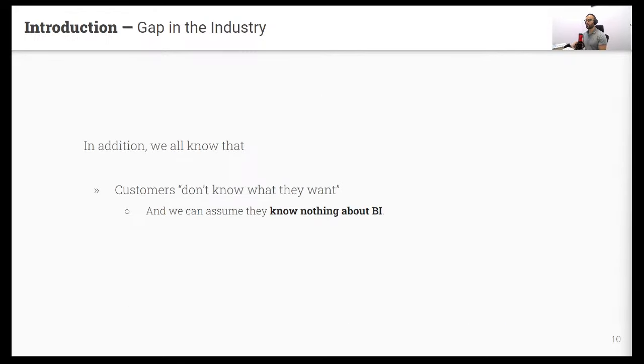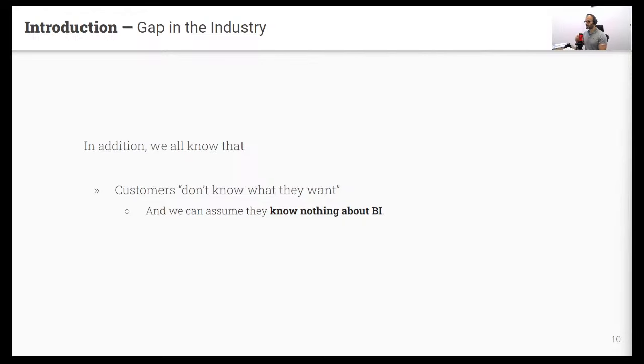So when we see these many poorly designed reports, and we know that the person might lack some knowledge in how to create these effective reports, and the customers do not know what they want, we can also assume that they know nothing about BI.